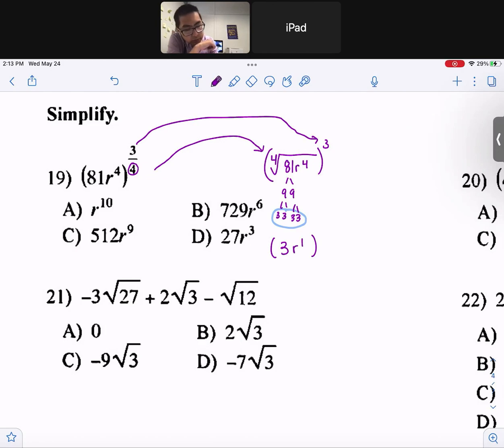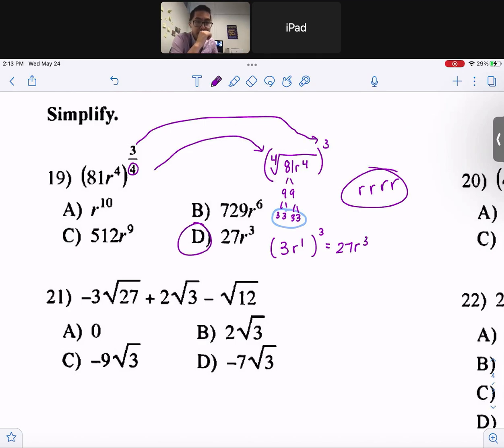Now, another way you can look at that same example is r to the 4th is r times r times r times r, and if you look at that, that is a group of 4 r's. So 3r to the 1st, and then you're going to raise it to the 3rd. So 3 to the 3rd power, which means 3 times 3 times 3, 27, and then r to the 3rd power is r times r times r, which is r to the 3rd.